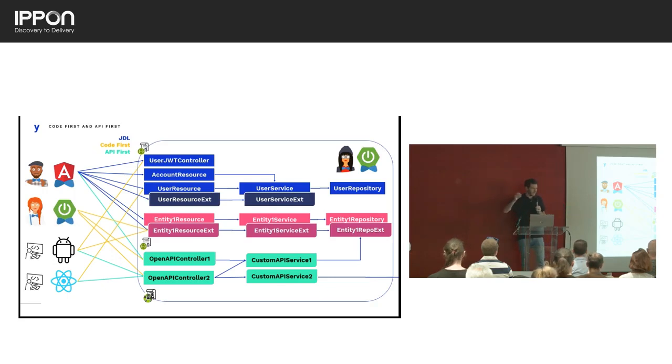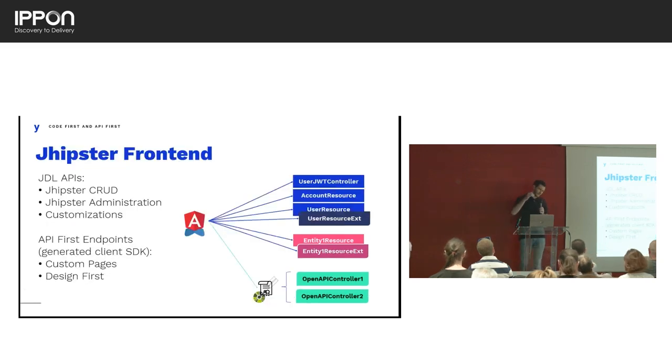So you're still taking advantage of many JHipster features like the Liquibase-based updates, the entity generation, security, but when you go API first with big projects, you tend to skip the first two parts and use them for the customization and the back office. In this situation, the JHipster frontend uses the JDL APIs, let's call them, for JHipster CRUD, administration, and customization.